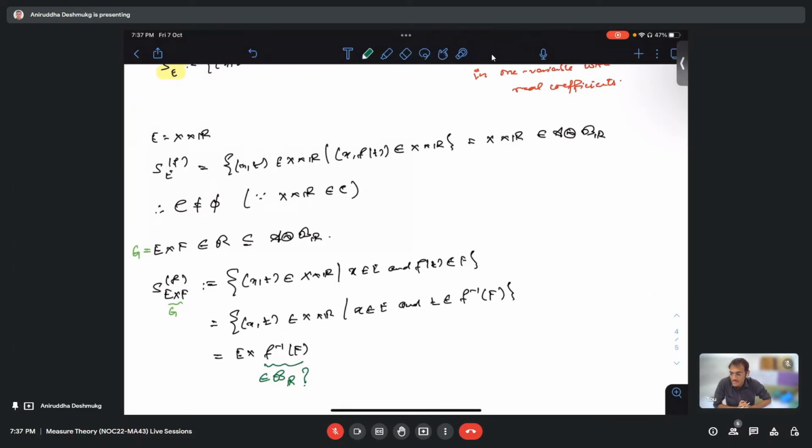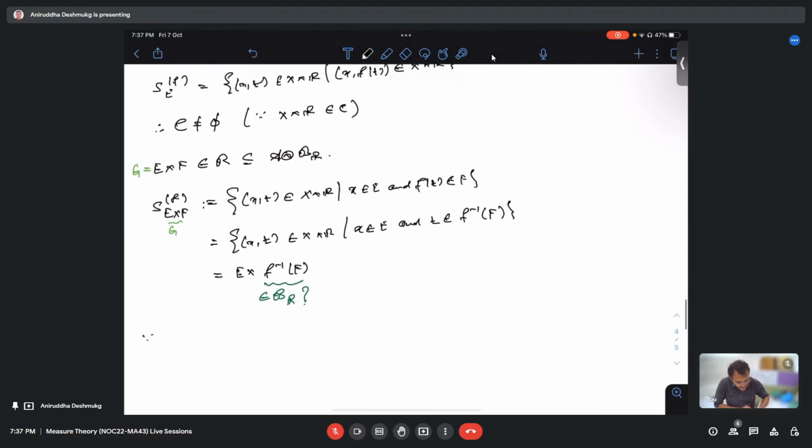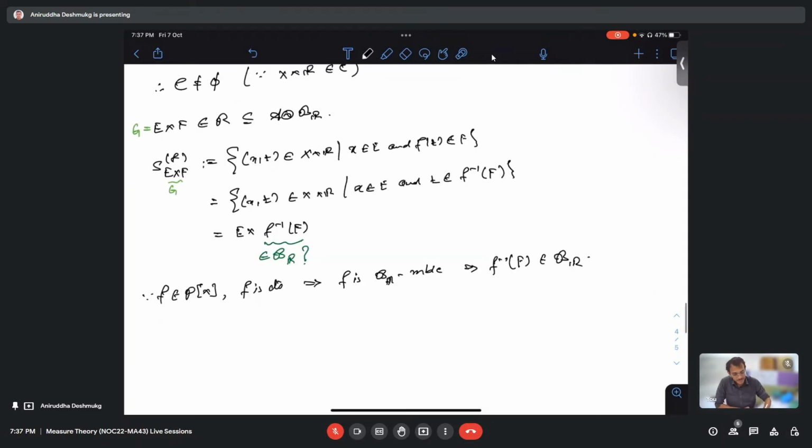The pre-image of a Borel set is again in the Borel sigma algebra, because polynomials are continuous. Since f is a polynomial, f is continuous, which implies f is Borel measurable, which implies the pre-image of F is inside the Borel sigma algebra. So this is again a rectangle.